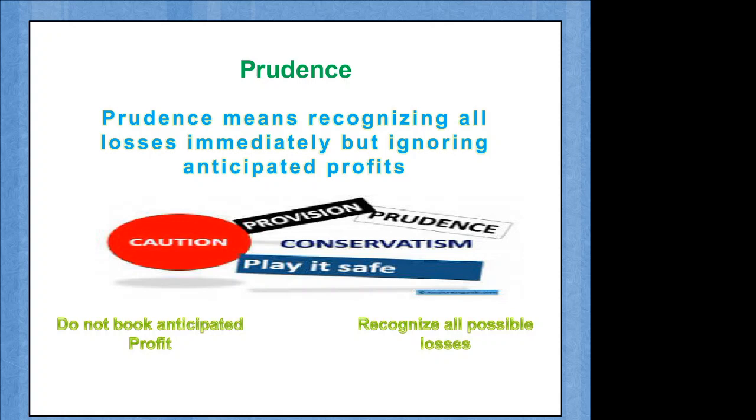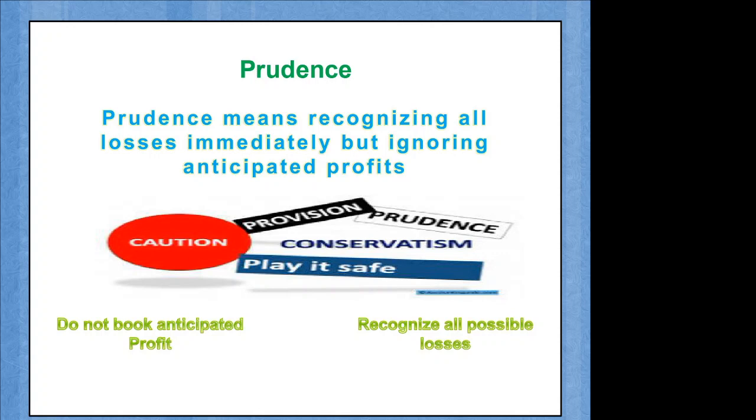Say for example, we know that there might be some debtors who turn bad. So even though they have not yet turned bad, still in the current period we are providing a reserve for bad debts. So we are recognizing all possible losses, but we ignore anticipated profits.